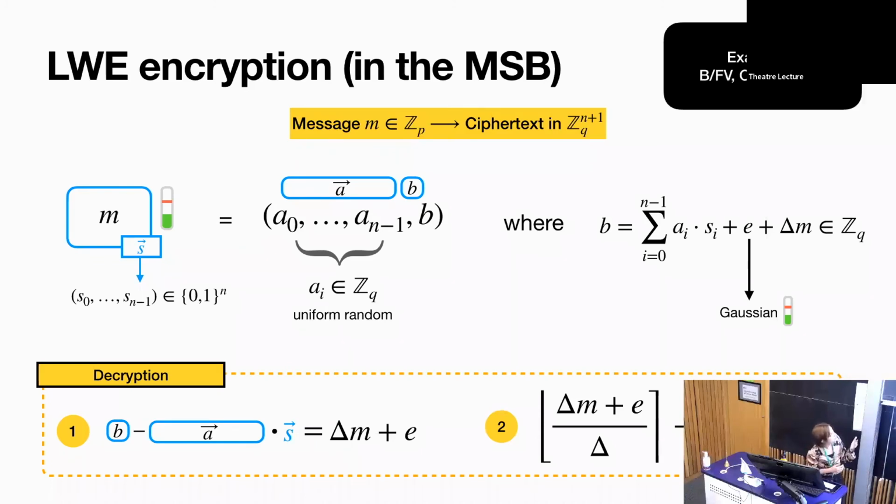Some of the schemes that use this most significant bit approach are BFV, CKKS, and TFHE. I'm putting many things under the carpet by saying this because CKKS is slightly special, but the information is in the most significant bits, and in the least significant bits there is error. So this is the idea to keep in mind.